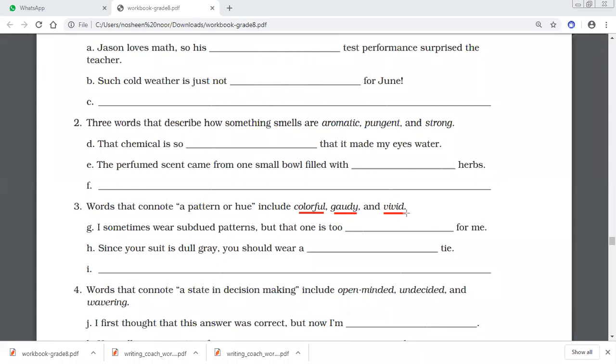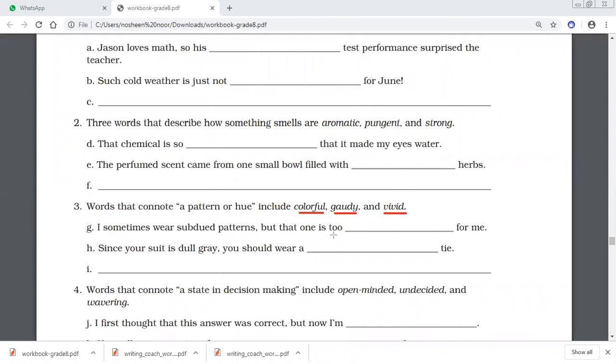It shows bad taste. It is tasteless. Although it is colorful, it is very bright, very showy, and very sparkly, which doesn't show good taste. Vivid is something like colors that stand out, colors that are very lively, colors that are very strong.